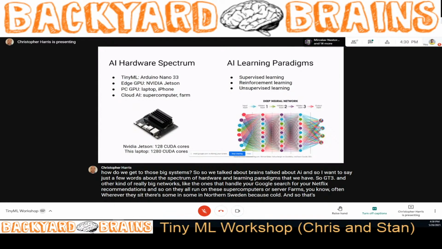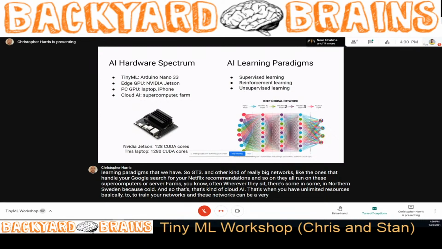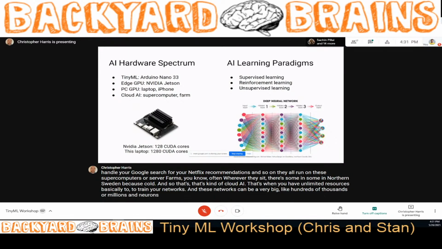That's when you have basically unlimited resources to train your networks, and these networks can be very big, like hundreds of thousands or millions of neurons, and 10,000 times as many parameters and synapse strengths. But before that, we have the PC version of AI, which can run on a laptop or an iPhone.